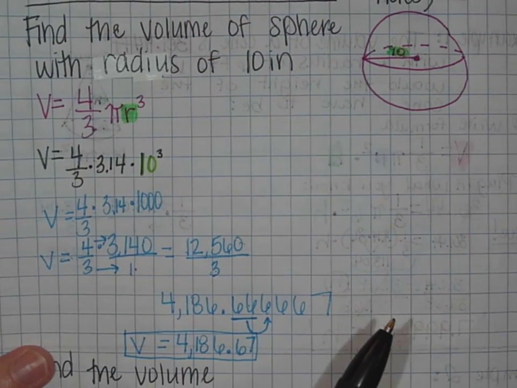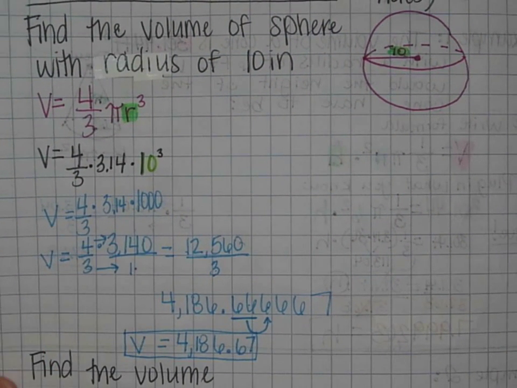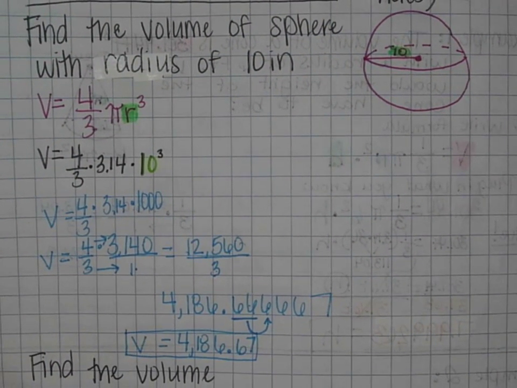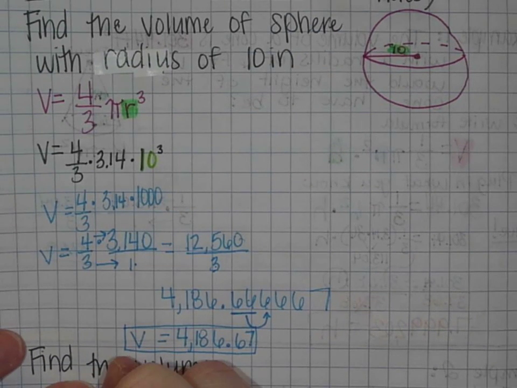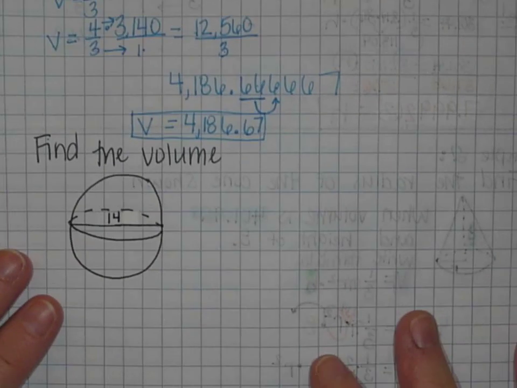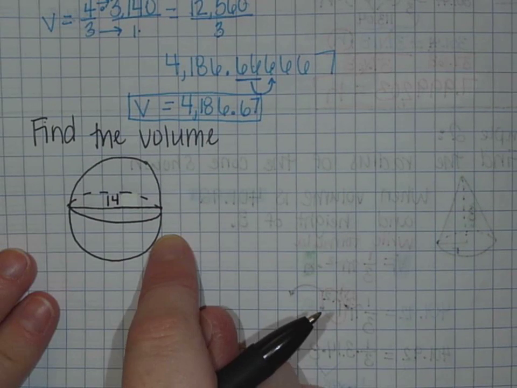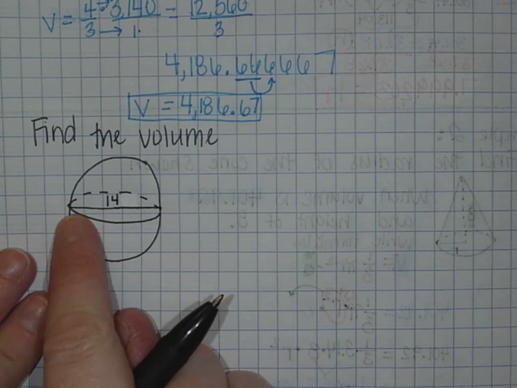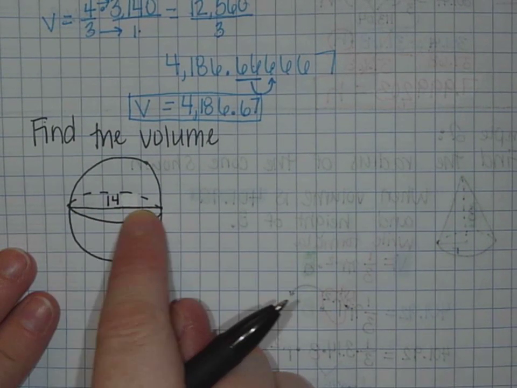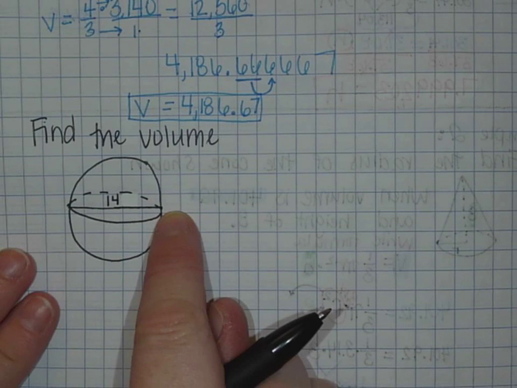Okay, I decided I wanted to change this problem because this was another place people were messing up. So if I want to find the volume of this next example, the whole thing is listed as 14.